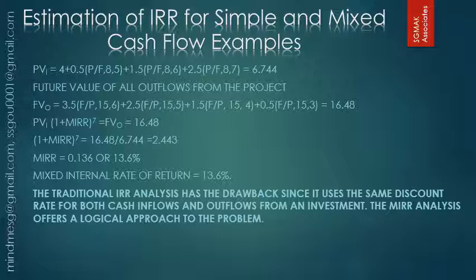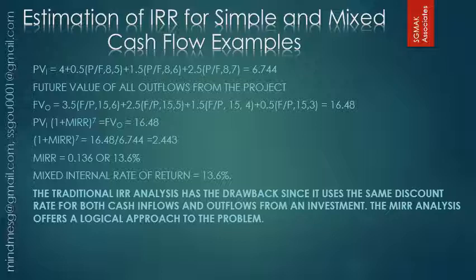Next, we compute the future value of all outflows from the project, all the money that came out of the project that we have invested. We are computing a future value, taking the individual cash flow to the end of 7 years, and our discount rate is 15%. That's what you assume, that you have a good investment plan, and that's what you can earn.